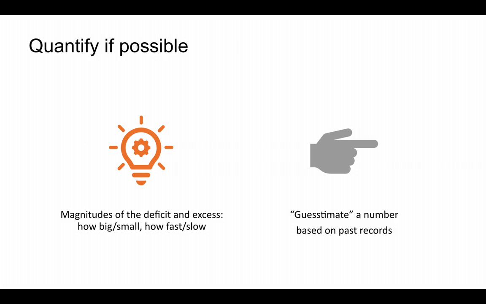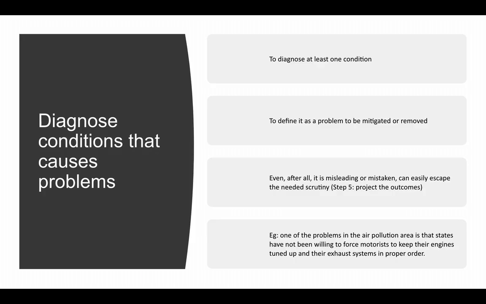Based on the past records to suggest something in the future, one very practical approach is called guesstimation. You need to guesstimate a number. Of course, it's not coming from nowhere; it's based on the past records. As I mentioned, that's probably the most practical way to deal with the uncertainty.